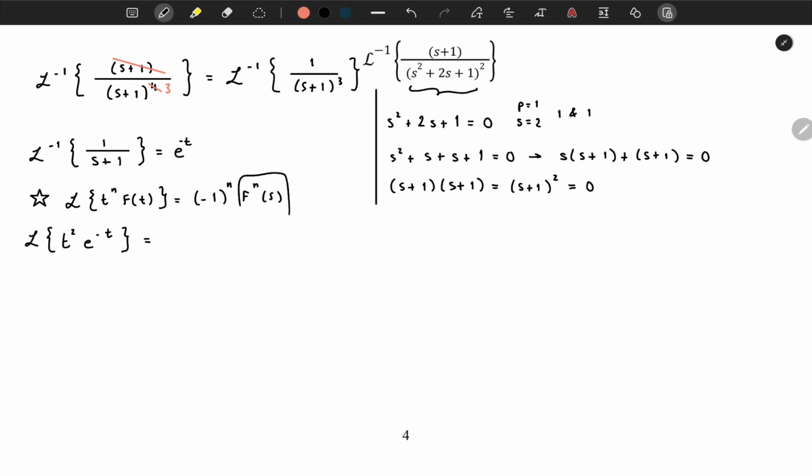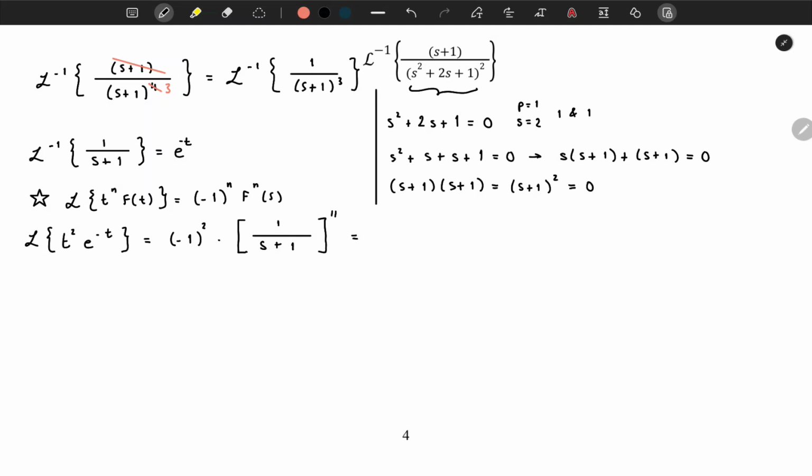So we have to find F of s first. In this case, our n is equal to 2, so we'd have 1 over 2. Then we have e to the negative t, which we know is just 1 over s plus 1. But now we have to differentiate it twice.